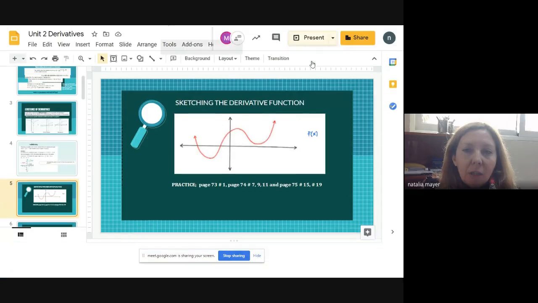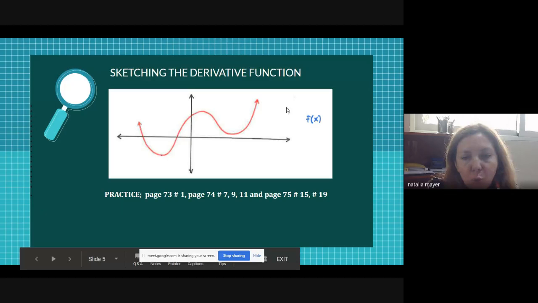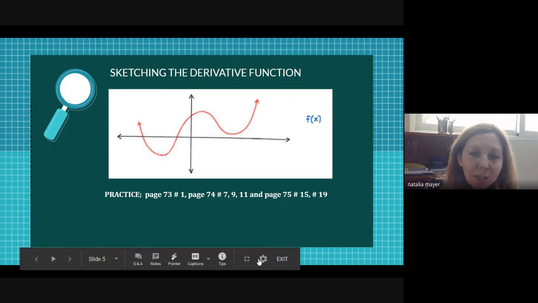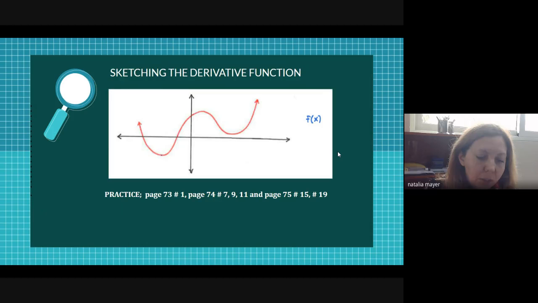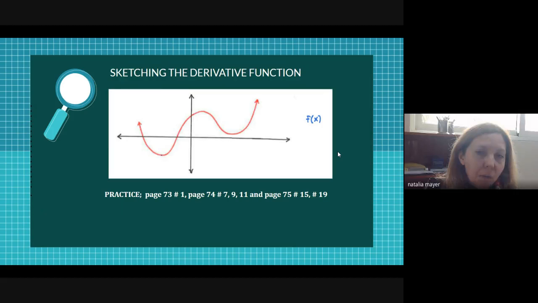Before we start, if you look at this curve, it's a function, right? A function, we don't know its equation. Tell me how many tangent lines can be sketched for this function. Yes, we can sketch one for each point.